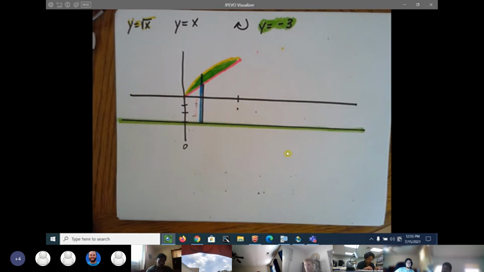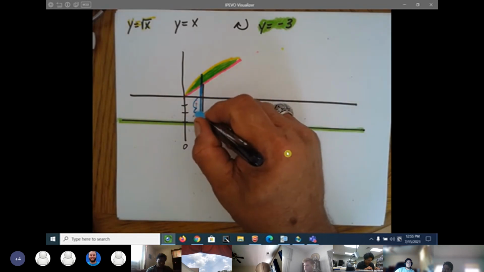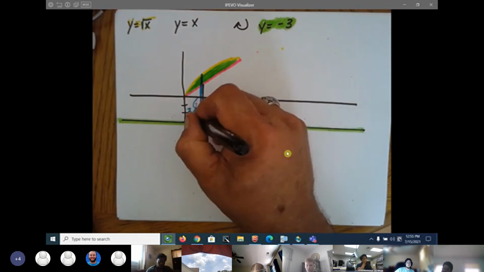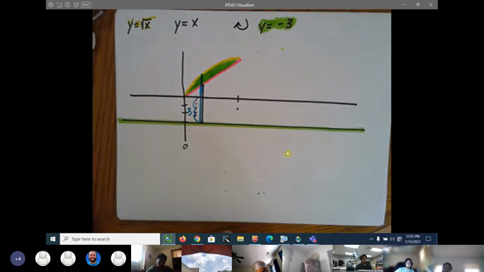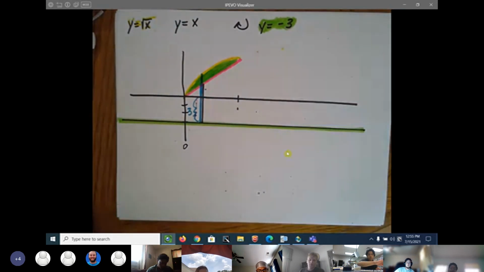I want you to put that down right here. Somebody tell me, am I adding on to 3 with the blue line and the black line, or am I subtracting from 3?